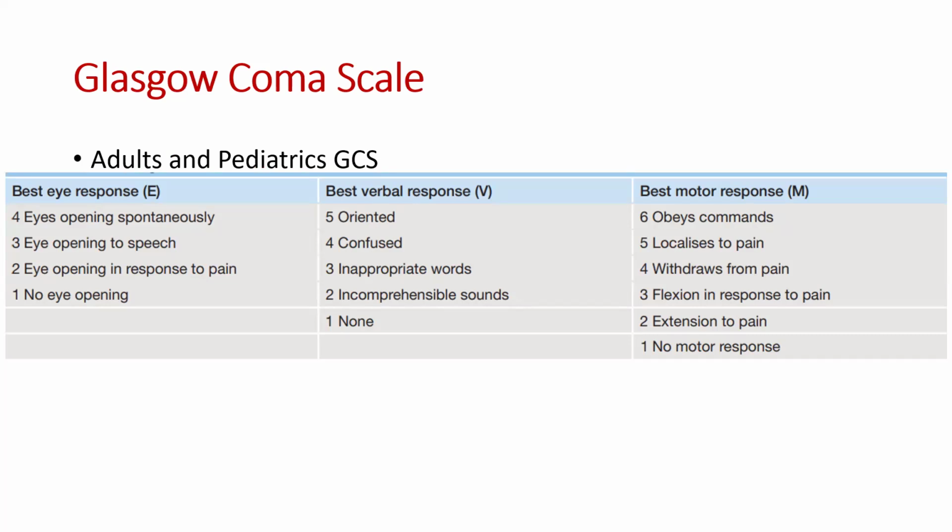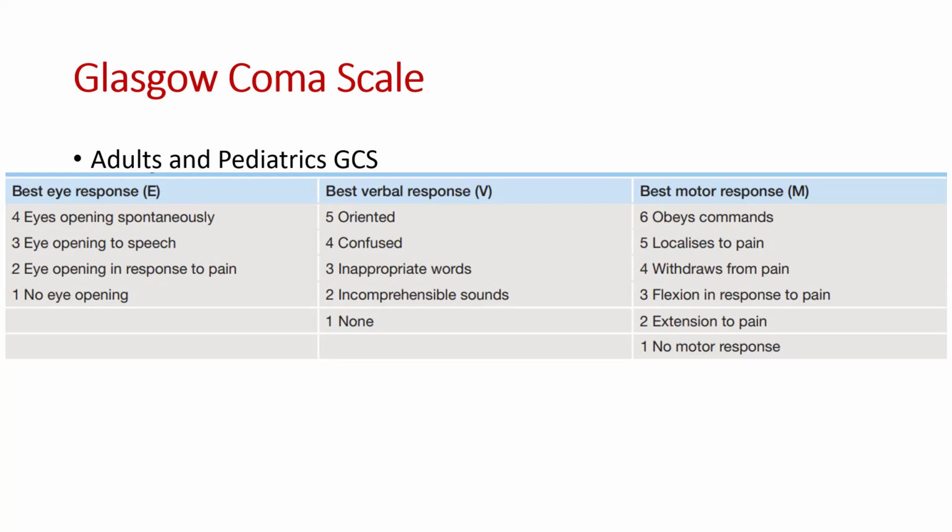If one eye is edematous and we cannot assess it, but the other eye is open, we score the eye which is opening, the best one. The person who opens eyes spontaneously gets a 4. If they open to speech, they get a 3. If they open in response to pain, they get a 2, and they get a 1 if no eye opening is observed.